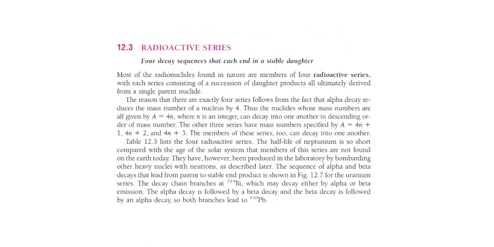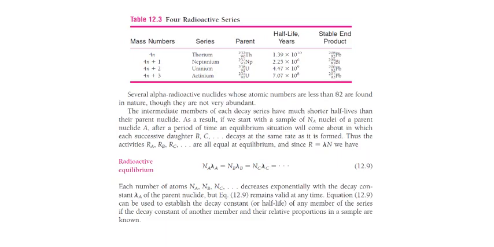All radioactive nuclei are actually members of 4 radioactive series. The 4 radioactive series are given here: thorium series, neptunium series, uranium series, and actinium series, which end up in these given stable products, and the half-life is also given here.